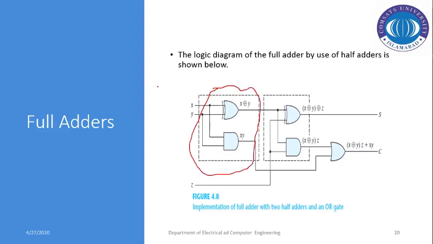For the sum operation, x and y are applied to this exclusive OR gate. So x exclusive OR y is produced by this gate, and x and y is being produced by this gate. For the next half adder setup, we're going to use x exclusive OR y at its first input.